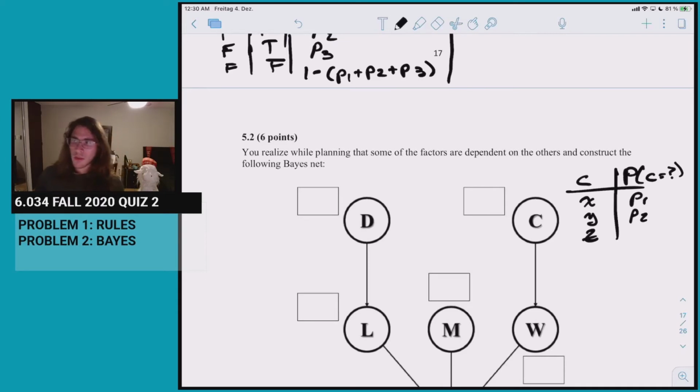But because this is a probability distribution, and according to the axioms of probability, all of this has to sum to 1, and because these are all the possible values of C, then this must be 1 minus P1 plus P2. So C, by virtue of having three possible values and no parents that influence its probability table, only needs 2 parameters. Then the third one is just 1 minus the sum of the other 2.